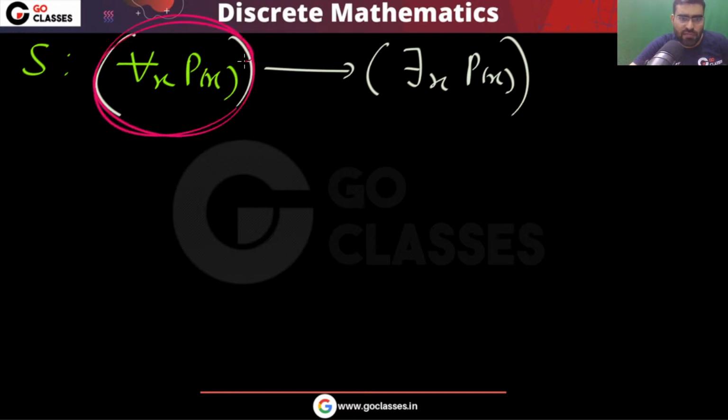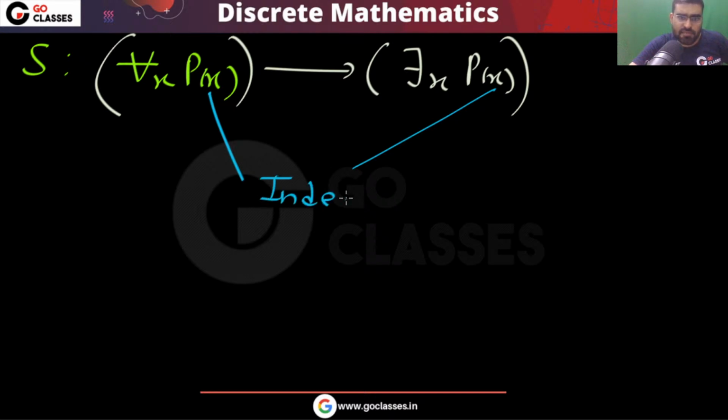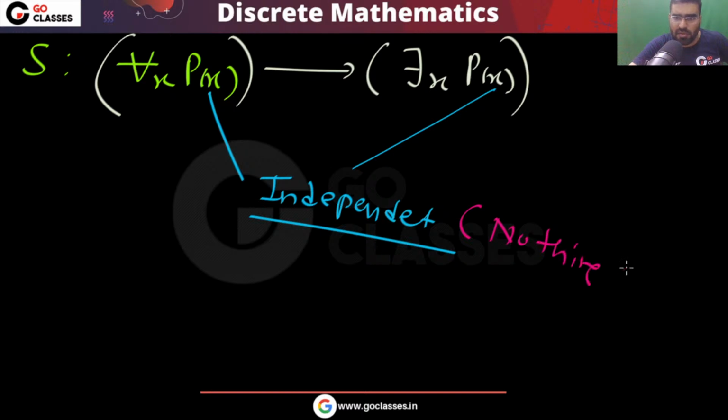And tell me one thing: this x and this x, do they have anything to do with each other? Remember, they are completely independent. They are different x, in different scopes, so they have nothing to do with each other.